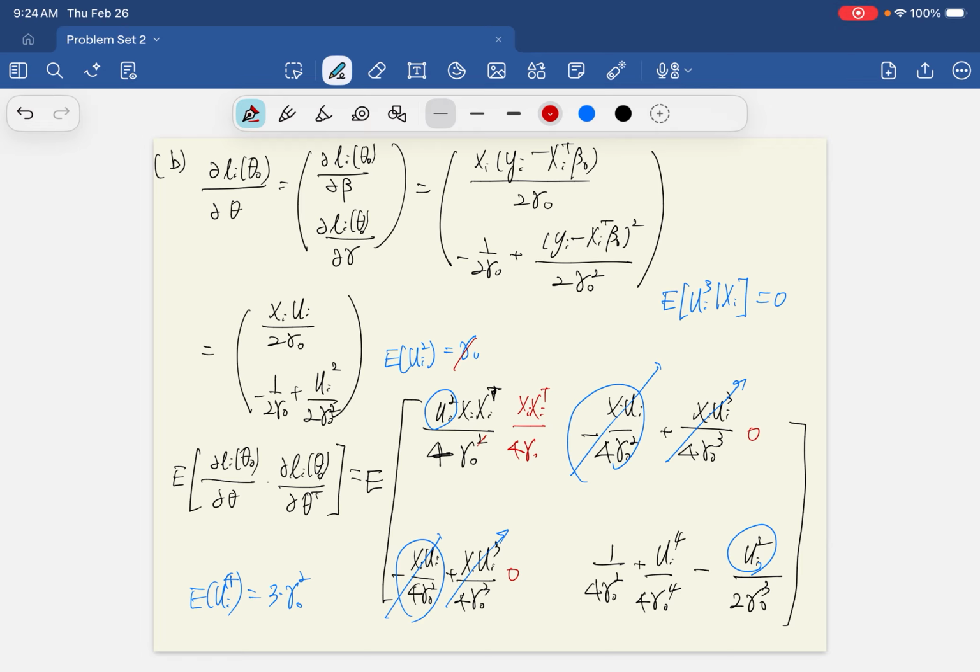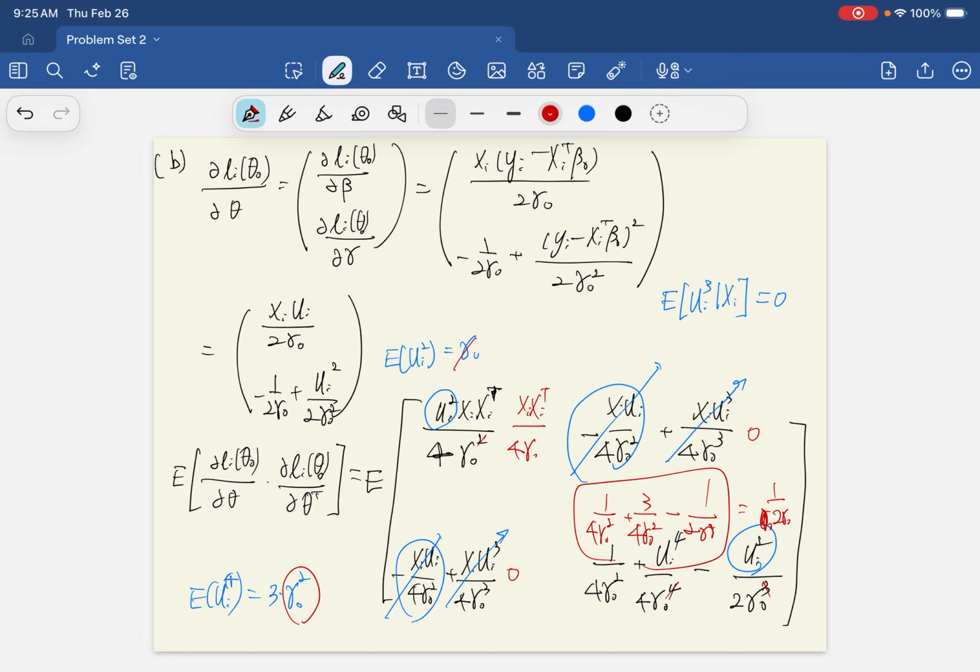Here 1 over 4 gamma 0 squared plus 3 over 4 gamma 0 squared. 2 cancels out, right? And here this is gamma 0 and the denominator is 3, so it cancels out again. 2 gamma 0 squared and the denominator is 1. So in the end this becomes 1 over 2 gamma 0 squared in the denominator. Alright?